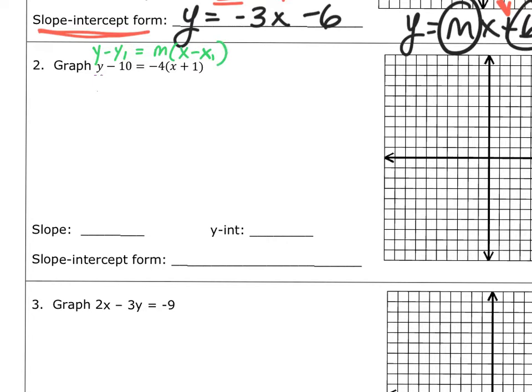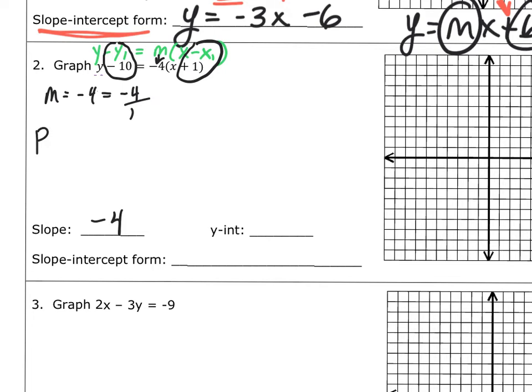Which tells me that my y1 value is here, my x1 value is here, and my slope is -4, which is the same as -4 over 1.